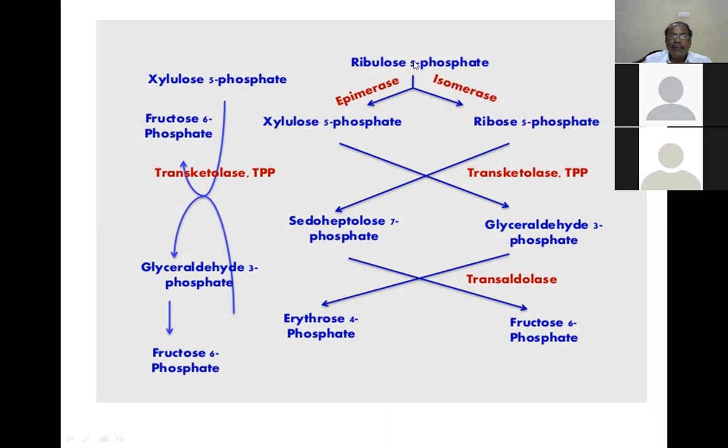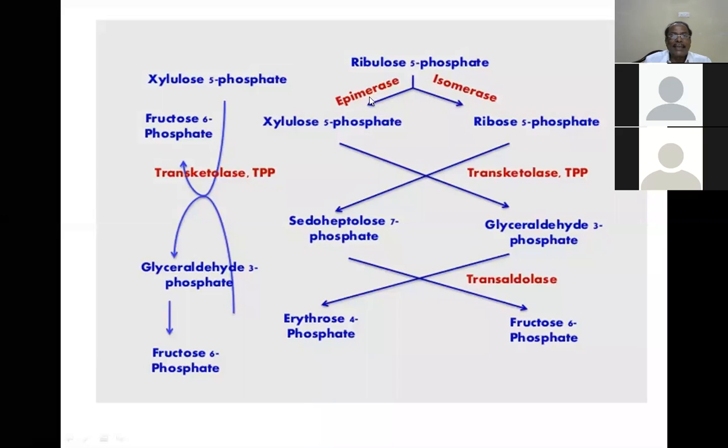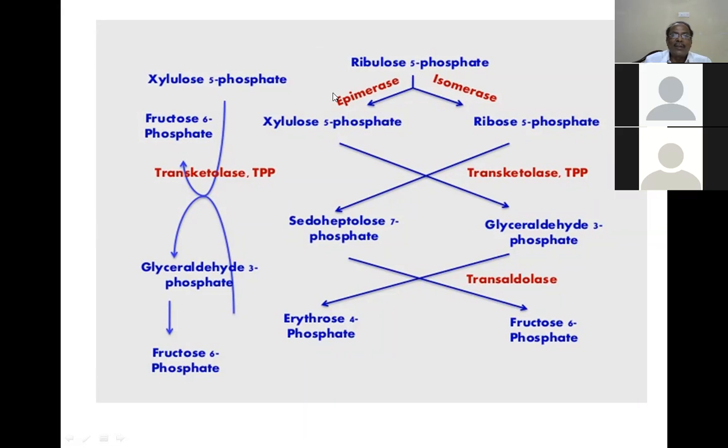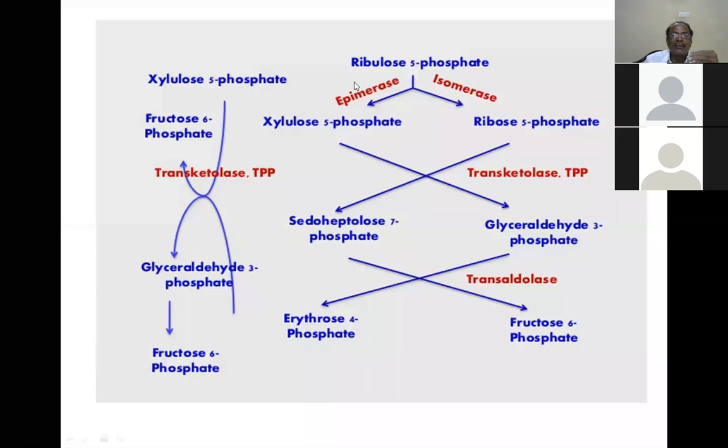Simultaneously, another ribulose 5-phosphate molecule is acted upon by epimerase. This is epimerism. A hydroxyl group on one carbon is shifted to another carbon, and that is what is called epimerism. A group shifts from one point to another on different carbons of the same molecule.